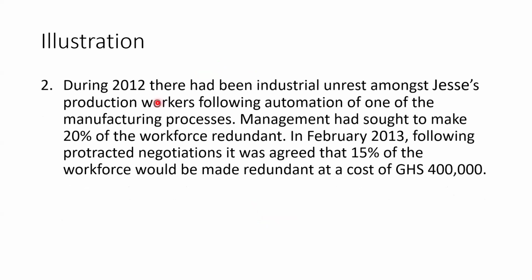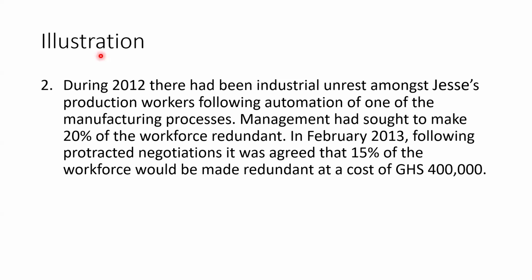Then let's move on to the next event. Mr. Morrison, can you read it for us? During 2012, there had been industrial unrest amongst JC's production workers following automation of one of the manufacturing processes.